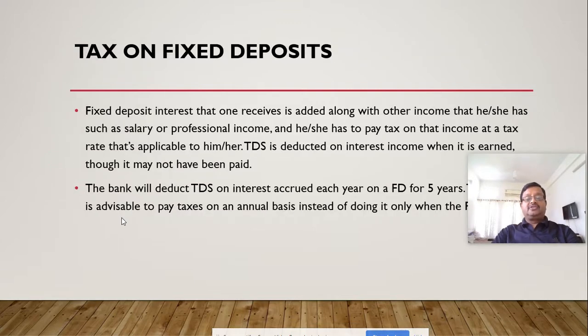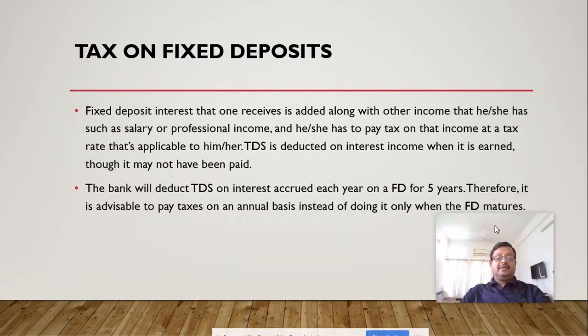Now let's see tax on fixed deposits. Fixed deposit interest that one receives is added along with other income that he or she has, such as salary or professional income, and he or she has to pay tax on that income at a tax rate that is applicable to him or her. TDS is deducted on interest income when it is earned, though it may not have been paid.